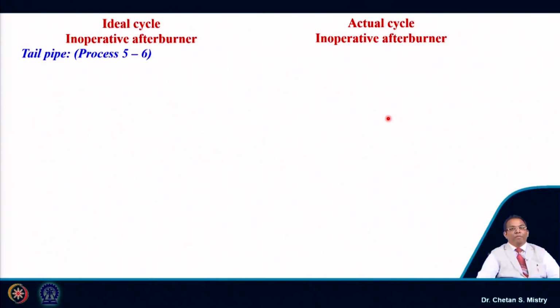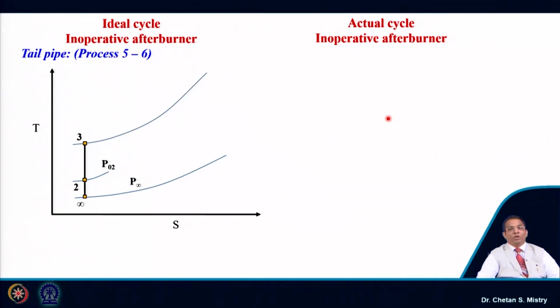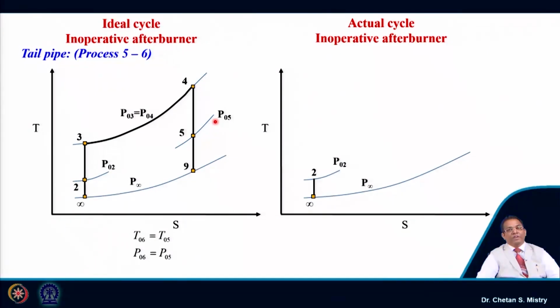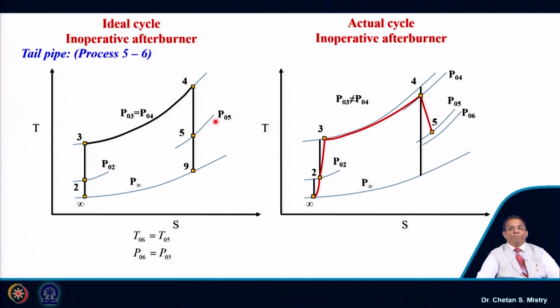Now, let us move towards the next component, which is my tailpipe, process 5 to 6. Here, we have assumed that there are no losses happening inside my tailpipe, and that is the reason why P05 and P06 are the same. But when we talk about the actual cycle, we have realized there is a loss of pressure happening here, while my total temperature remains constant.